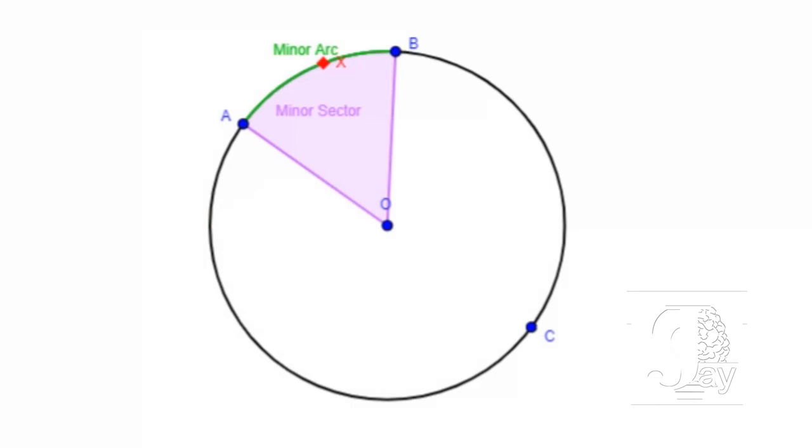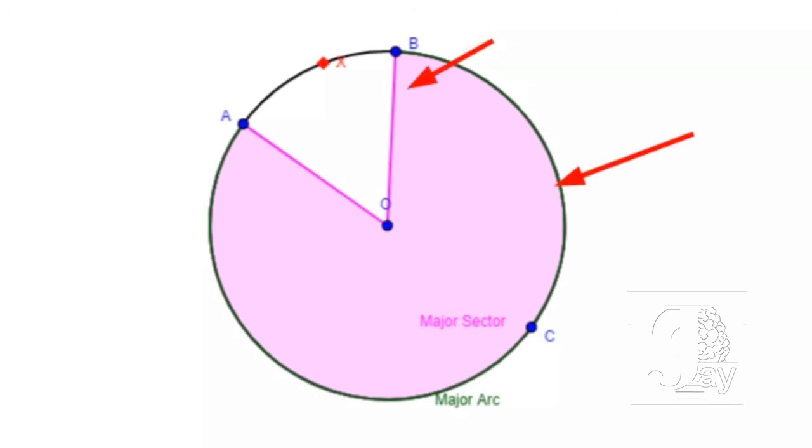And when we consider the major arc, then the corresponding sector is the major sector, again given by the arc and the two bounding radii. So the plane region enclosed by the arc and the two radii is known as the major sector. So we have the major sector and then the minor sector complementing each other to the whole area of the circle.